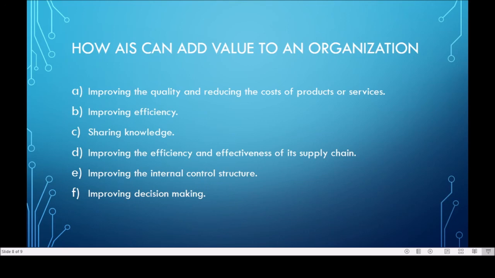And lastly, we will also discuss the elements of the AIS model provided by a certain individual.